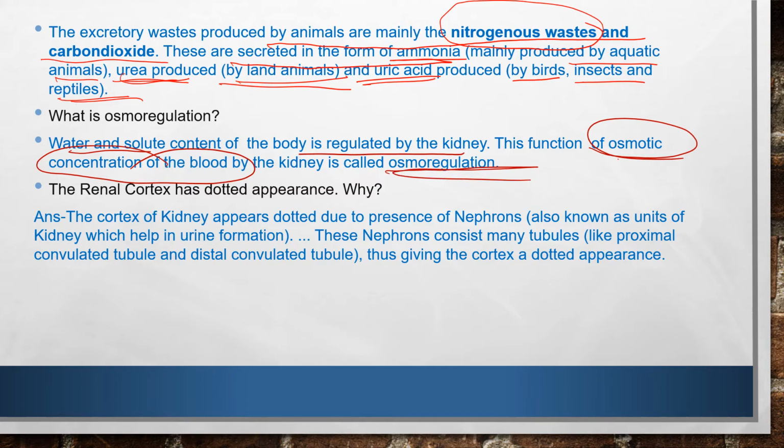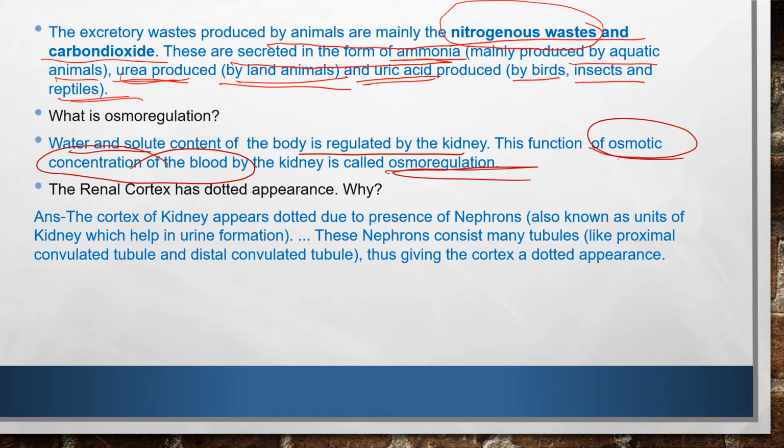This is also a function of the kidney, acting as an osmoregulator. You have studied this in your lesson also. I am doing this questionnaire session, this revision, so that you can get very good marks in your ICSE exams. Now let us move on to the next question.